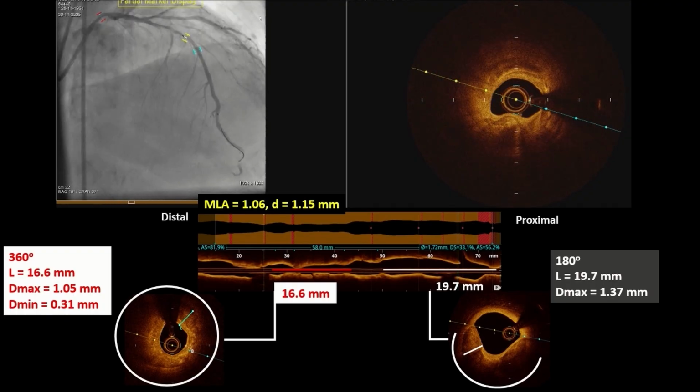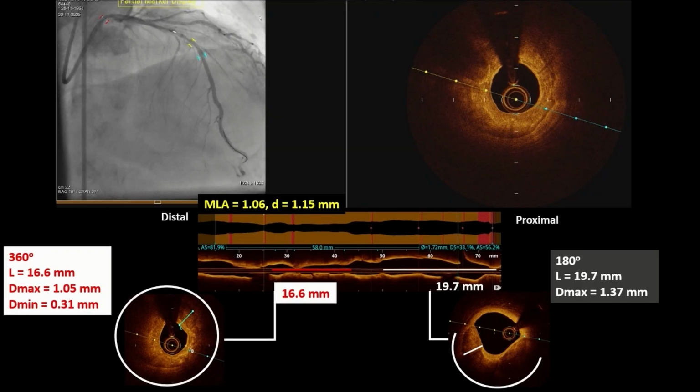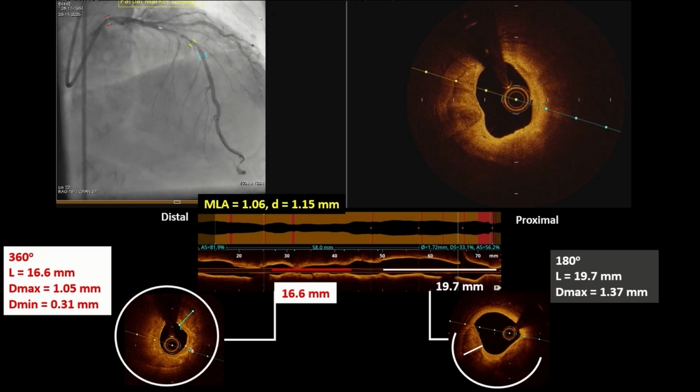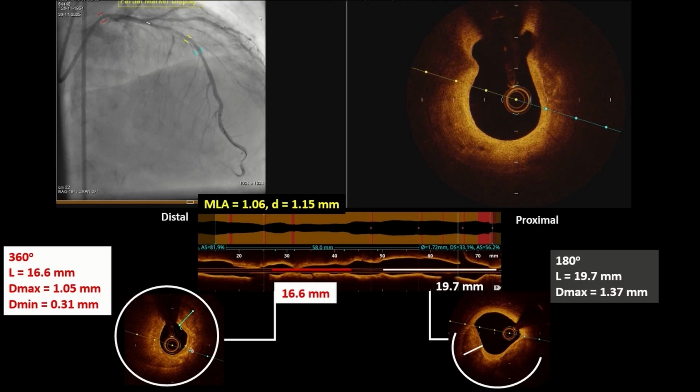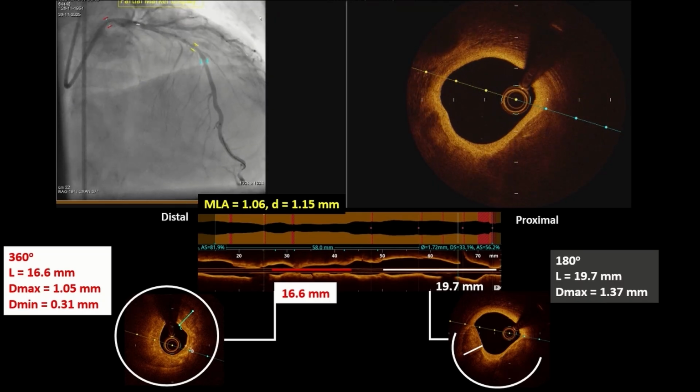The first segment, from the big diagonal 2 to the mid LAD, presents heavily calcified concentric calcium arcs spanning from 270 to 360 degrees. The procedure will proceed directly with an IVL balloon.